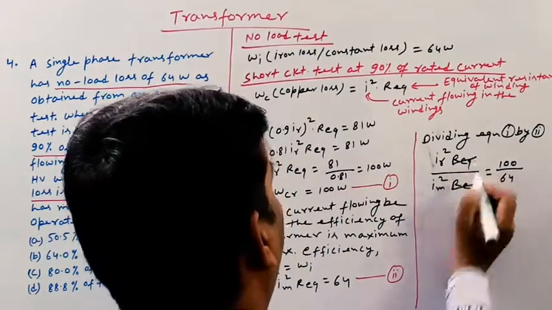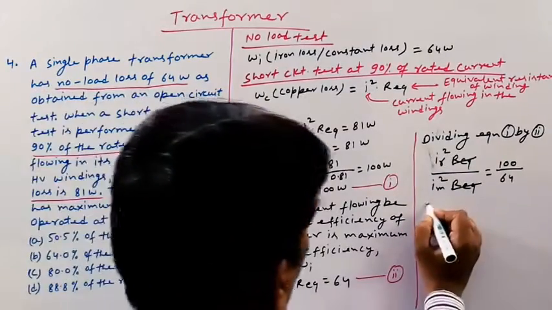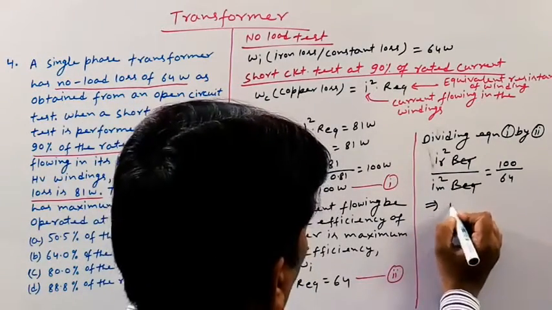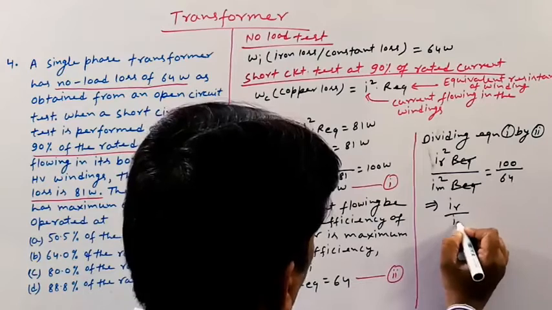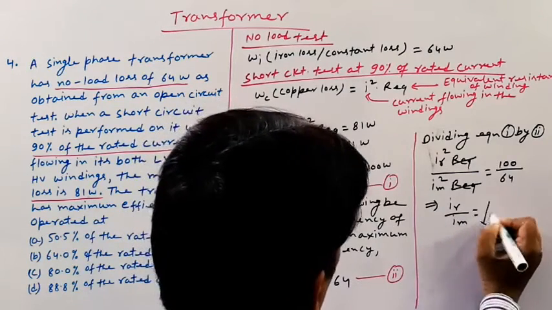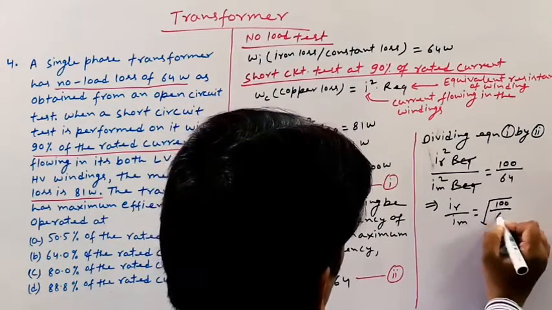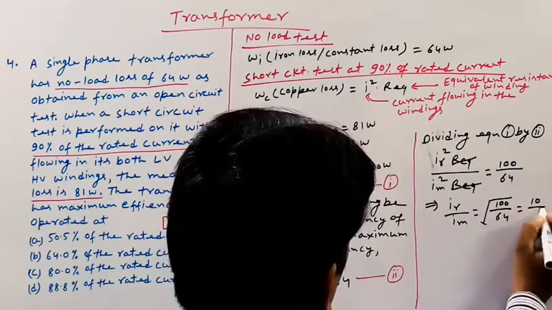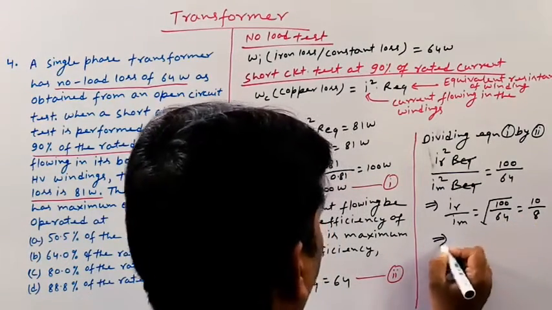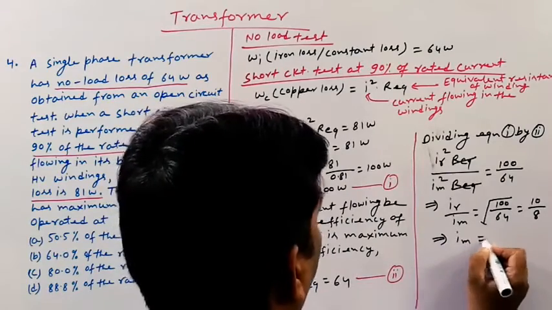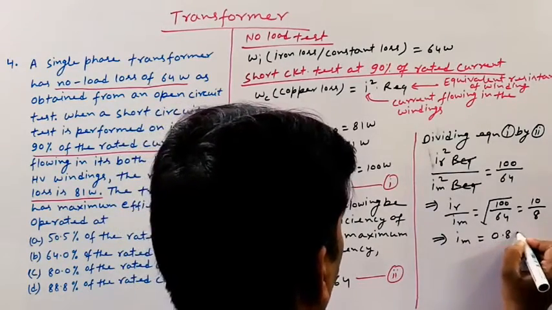R equivalent will cancel out. Now I_R by I_M will be the square root of 100 by 64, which is 10 by 8. So I_M will be 0.8 I_R.